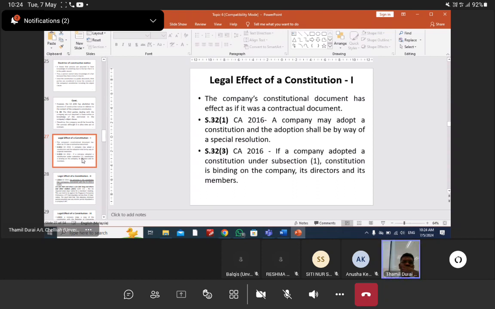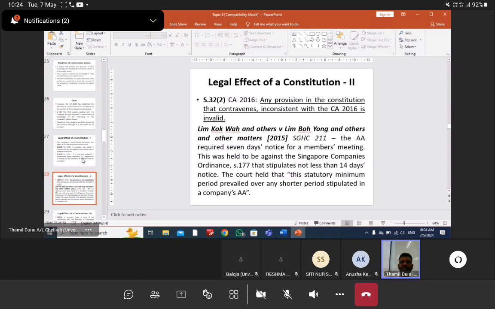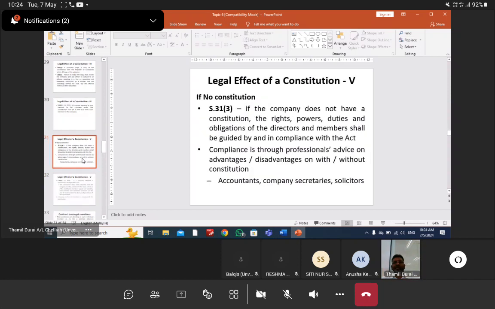So the legal effect of the constitution: the company may adopt a constitution, and once it's adopted, the constitution shall now bind the member and the company.